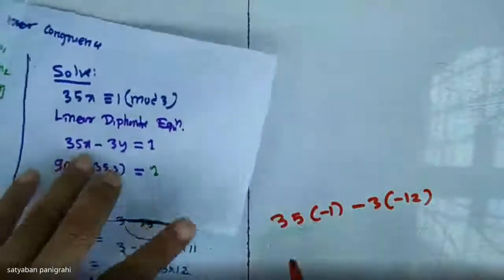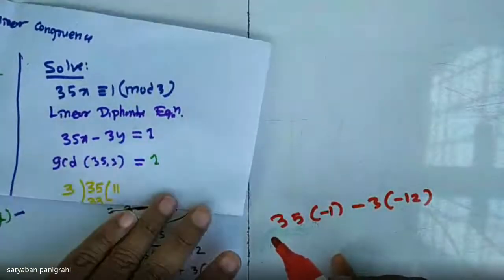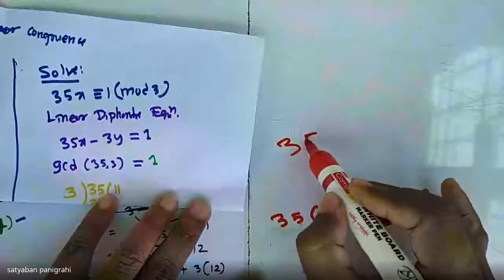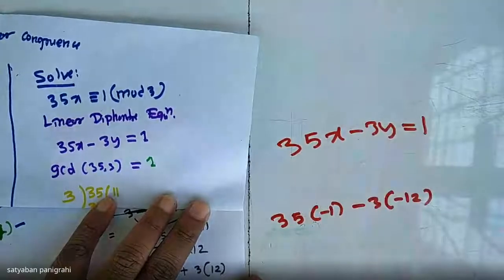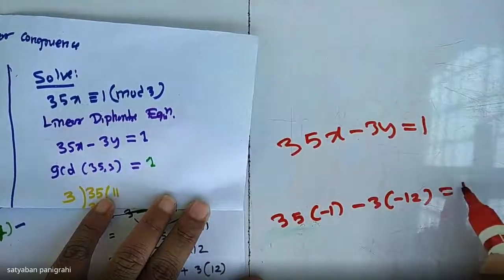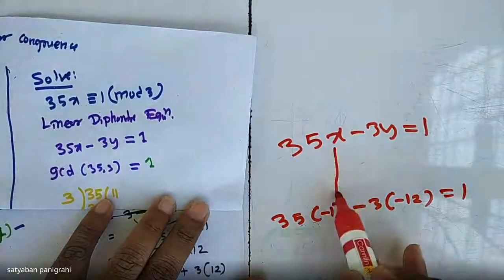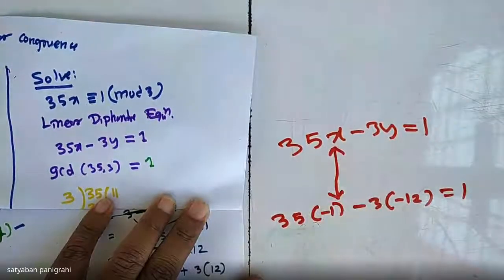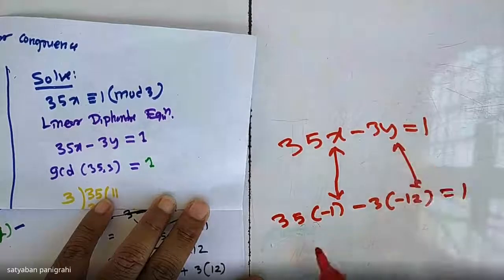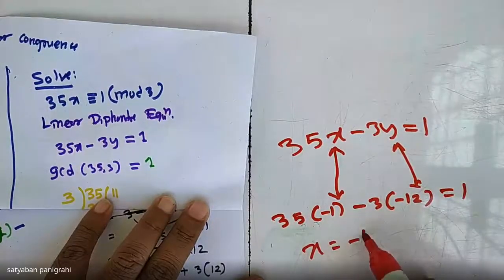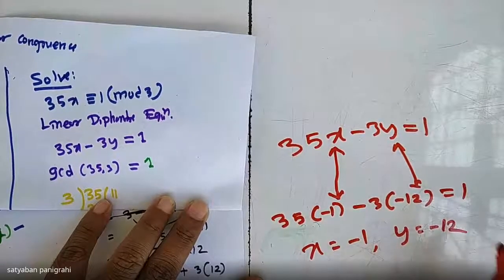By comparing with 35x minus 3y equals 1, what will be our value of x? x equals minus 1 and y equals minus 12.